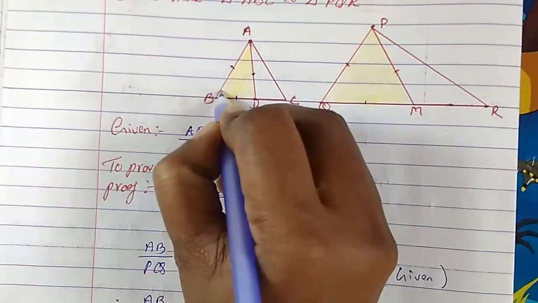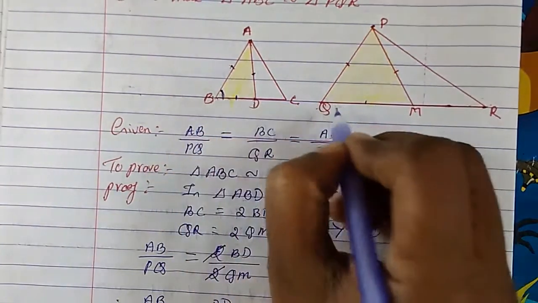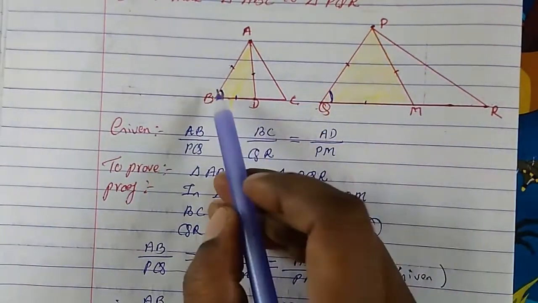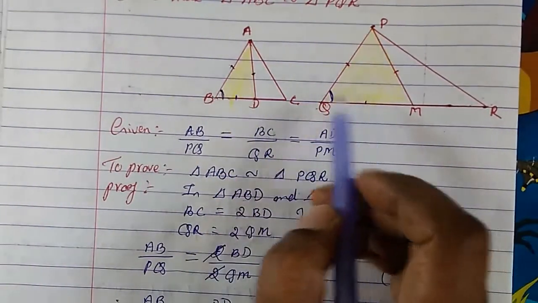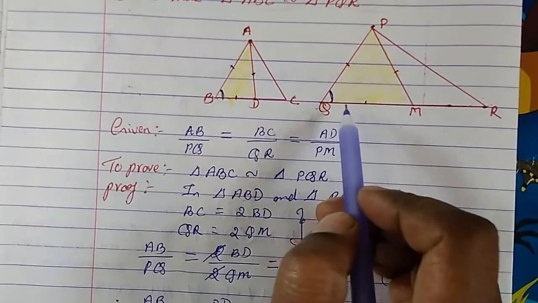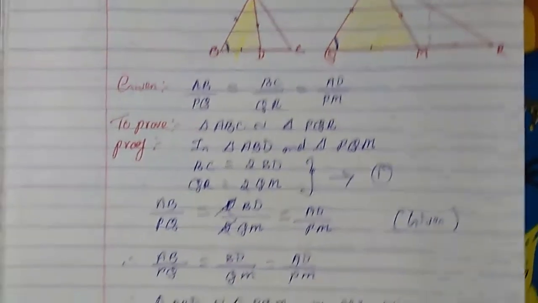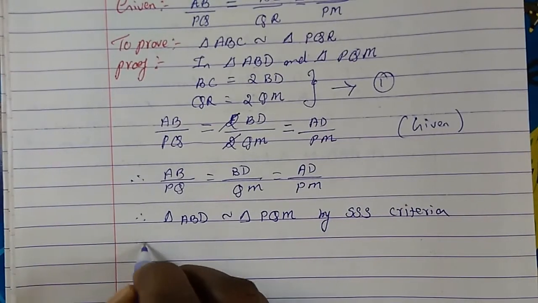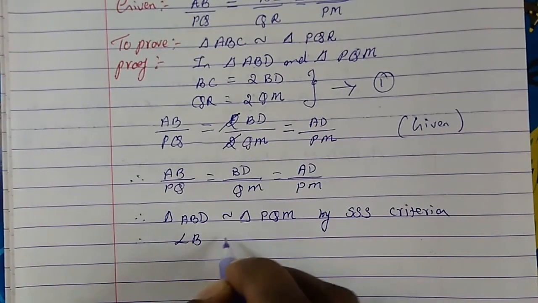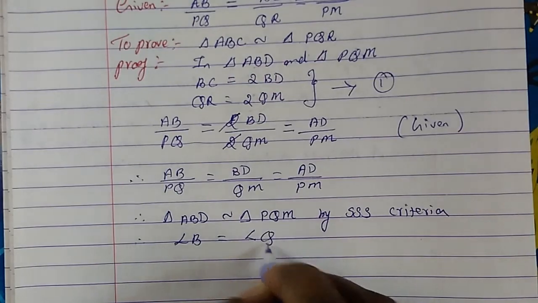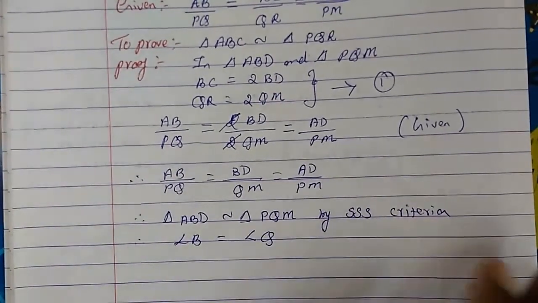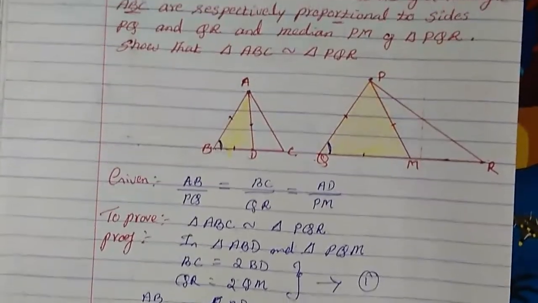So if both the triangles are similar, angles also will be equal. So can we say angle B will be equal to angle Q? Because both the triangles are similar, and therefore angles also will be equal. So let's write down. Therefore angle B is equal to angle Q. But now we have not finished.